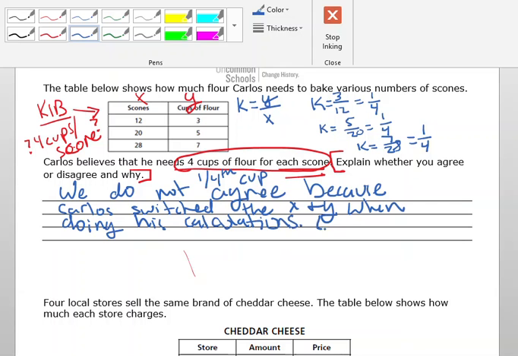Okay. Each scone needs only 1/4 cup of flour. Okay.